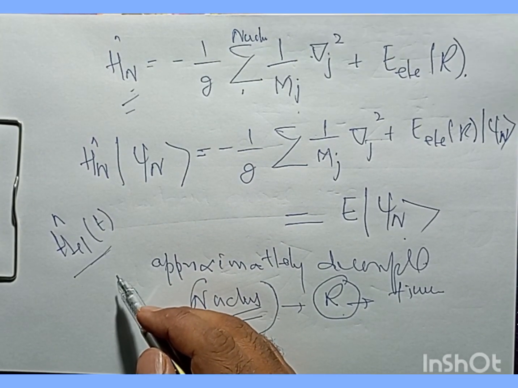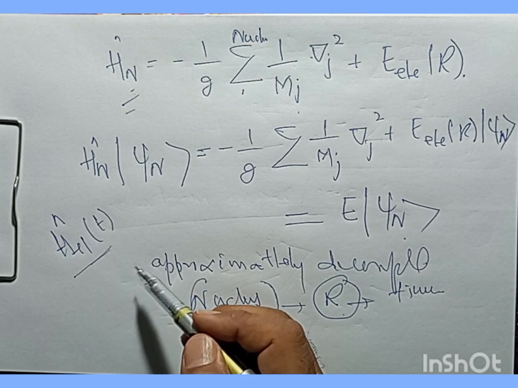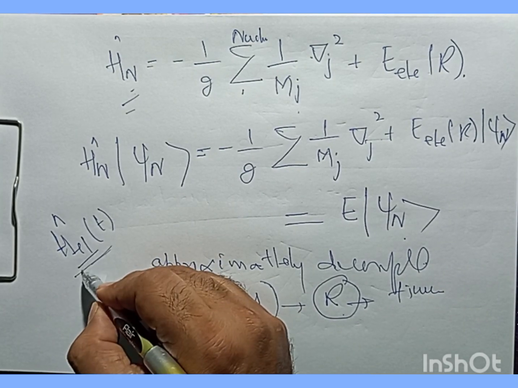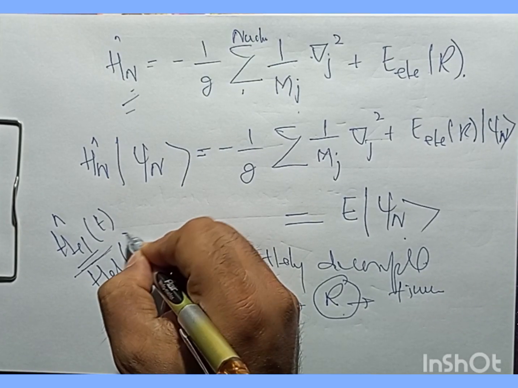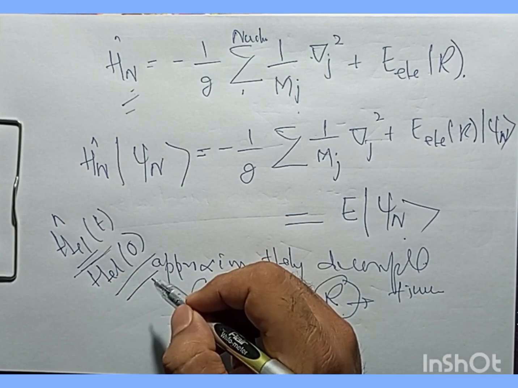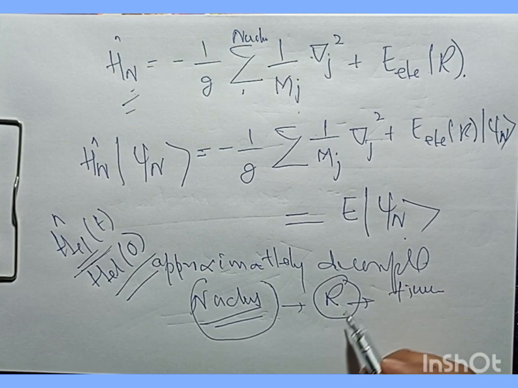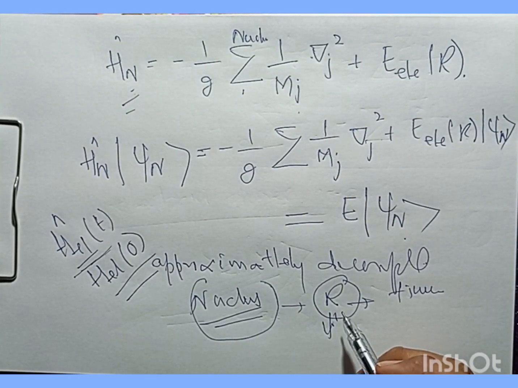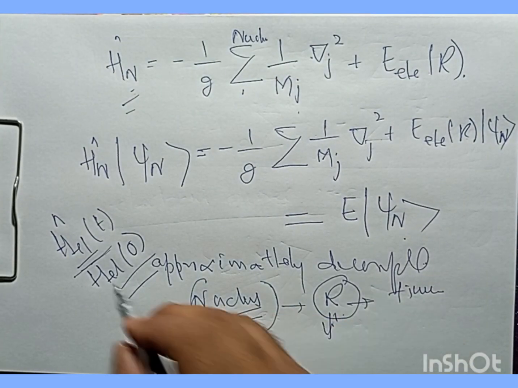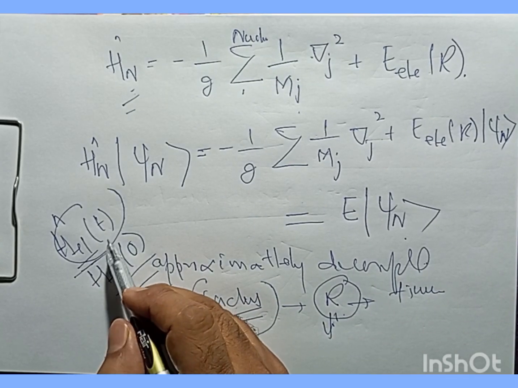Hence, if the electrons start out in an eigenstate of H electronic at time 0, they are going to adiabatically follow the eigenstates along the trajectory and end up in an eigenstate of H electronic at some time t.